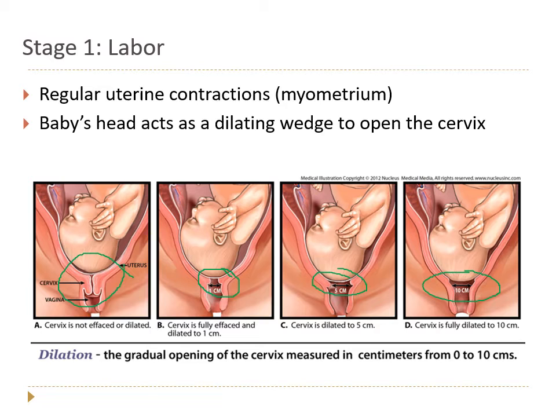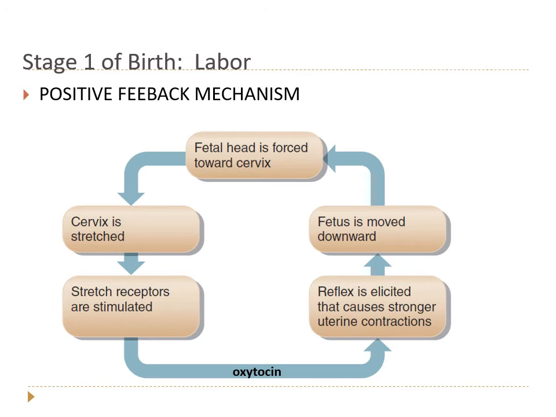Now, what is it that's mediating this system? Well, this is a positive feedback mechanism, and here's how it works. When the uterus starts to contract, as I mentioned, it pushes the fetal head down against the cervix. That stretches the cervix. And then nerve fibers, stretch receptors in the cervix, are stimulated.